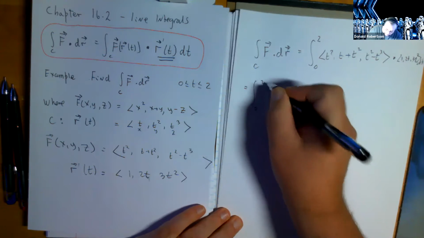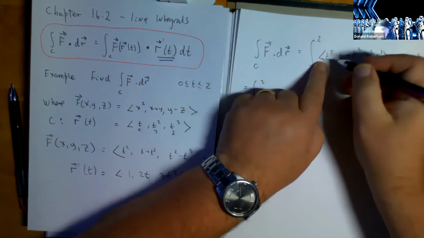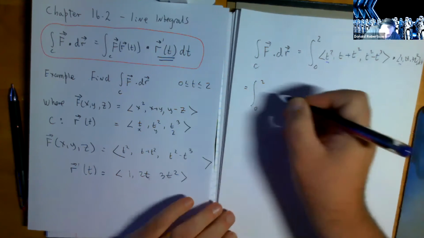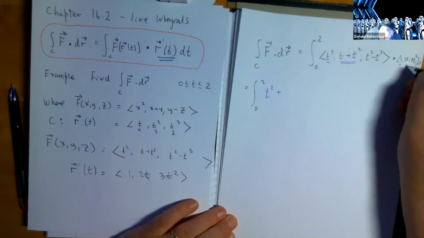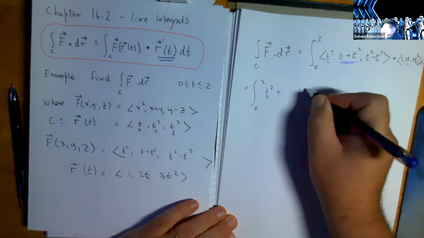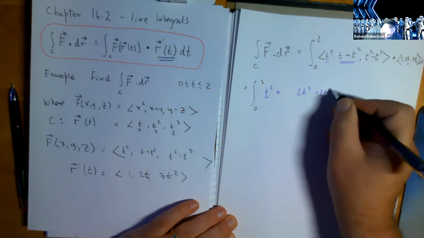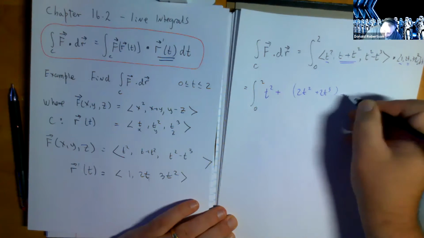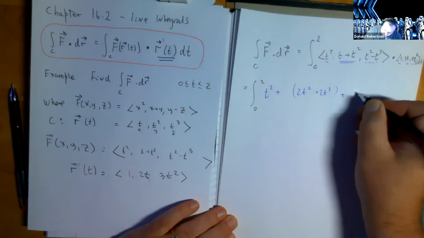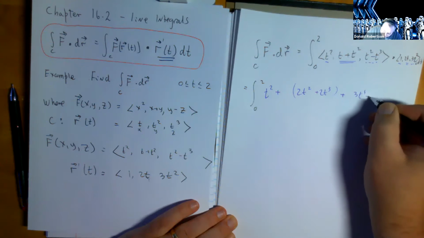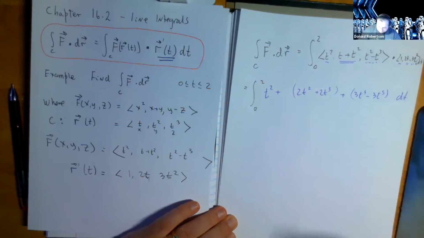Okay, let's see what that looks like. The integral from 0 to 2. Dot products. This times this, so that's t squared. Plus this times this, 2t squared plus 2t cubed, that's that one. Plus this times that, that's 3t to the 4, take away 3t to the 5, dt.